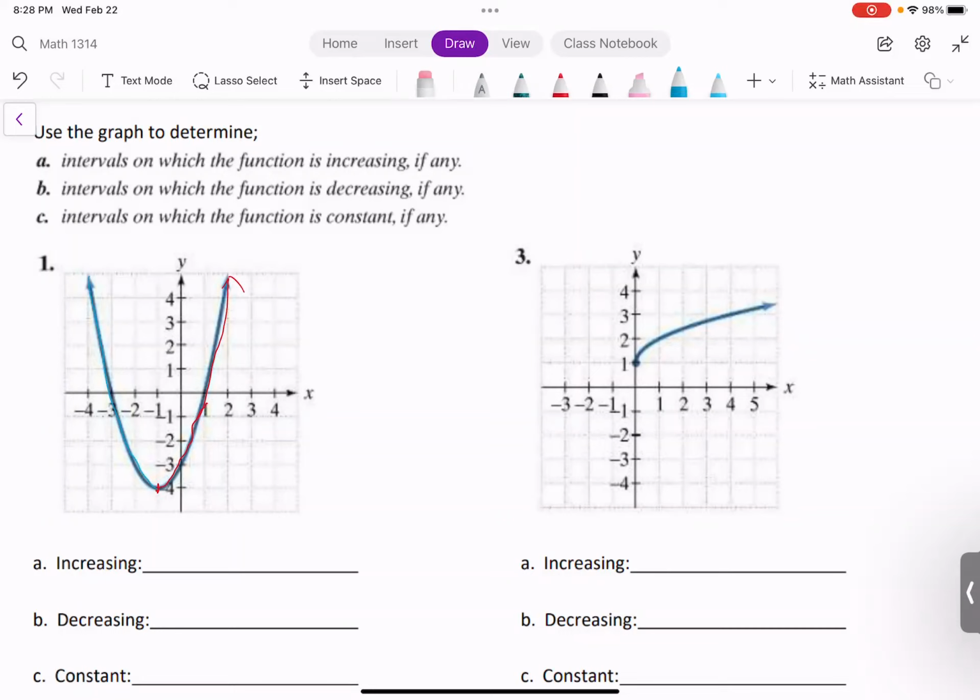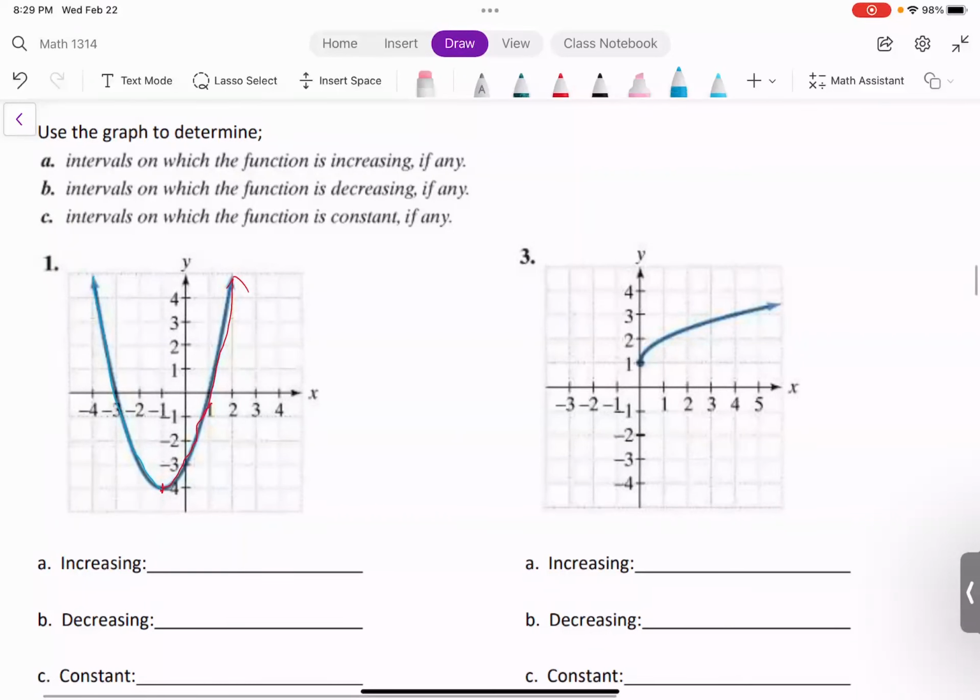Okay, so the increasing interval starts from the x value -1 to infinity, because for the red part, the starting x value is -1, and then all the way past to infinity. So here we must be careful. For the increasing and decreasing intervals, we use parentheses.